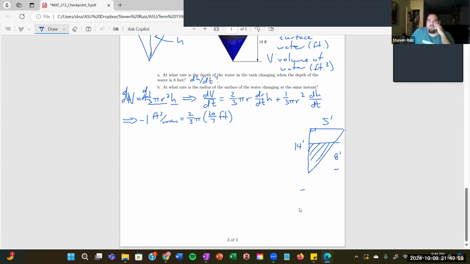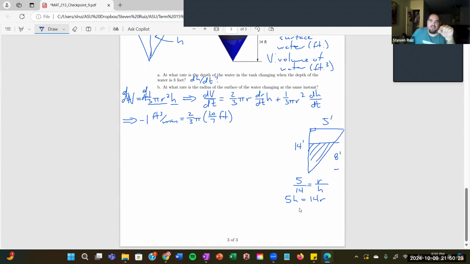No matter where the water level is, the ratio of the radius to the height is going to be 5 over 14, equal to the ratio of whatever my unknown radius is to my unknown height. If I cross multiply, I get 5h equals 14r. So 5 times the height is equal to 14 times the radius.